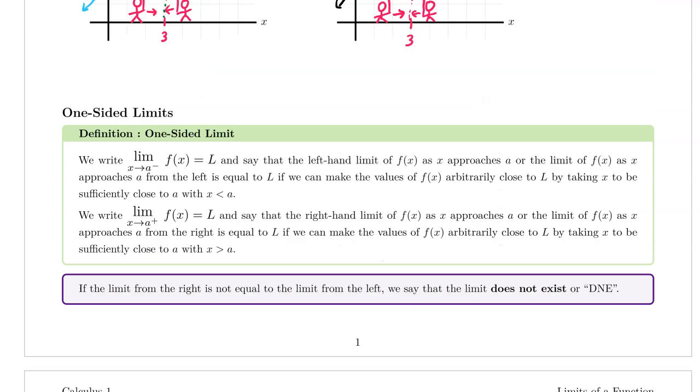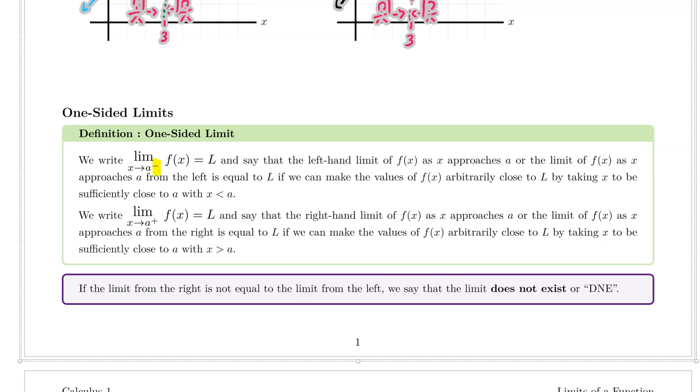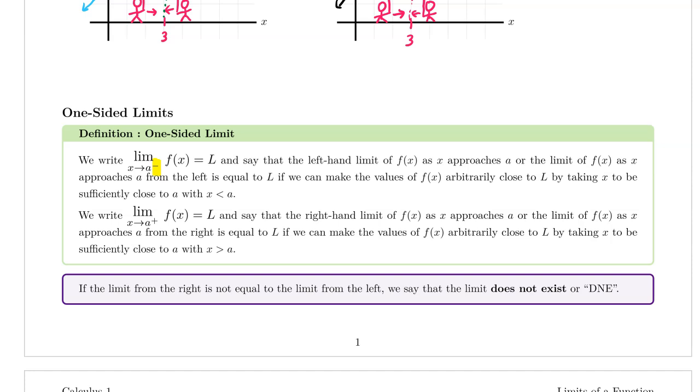So here's the definition for one-sided limits. I will let you read over those, but essentially in the balloon analogy, a one-sided limit just means that you're only looking where the balloon is approaching on one side of that x value. And if you have this notation here, this kind of looks like an exponent, but it's just a superscript.